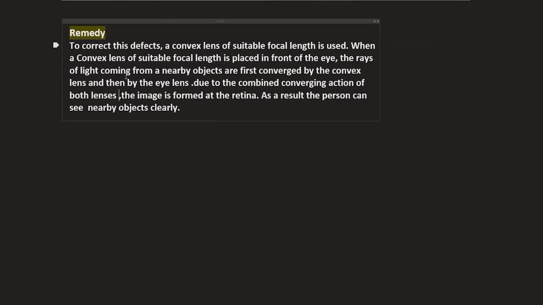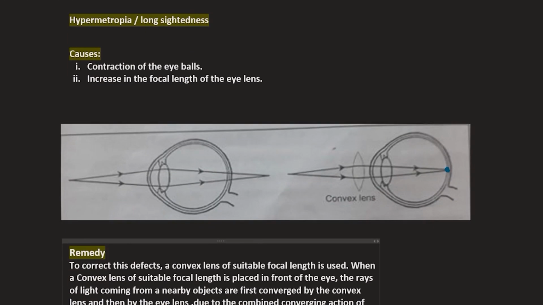When the convex lens of suitable focal length is placed in front of the eye, the ray of light coming from the nearby object is first converged by the convex lens and then by the eye lens. Due to the combined converging action of both the lenses, the image is formed at the retina and we can see the nearby object clearly.